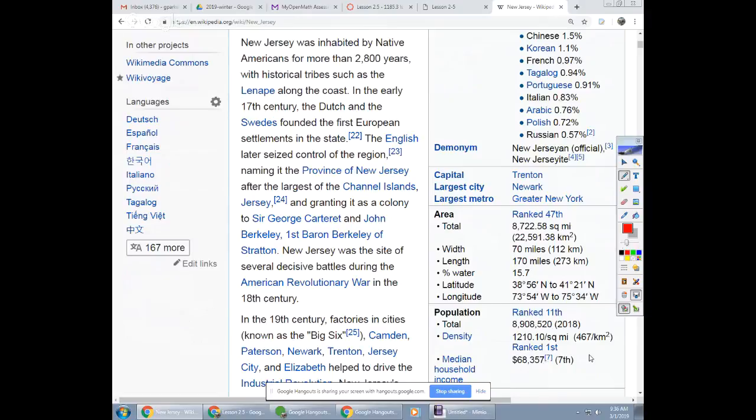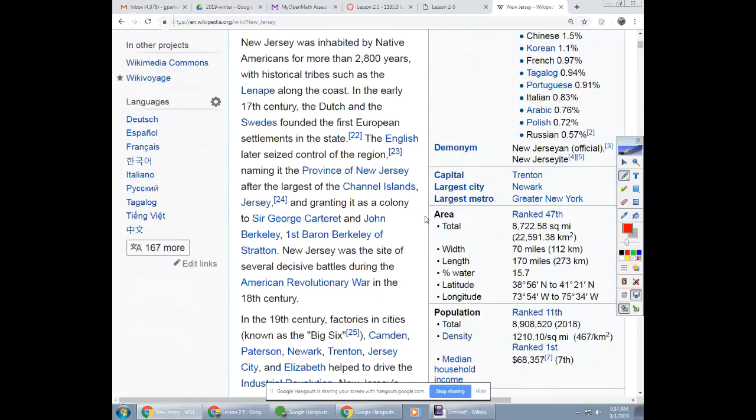It's its own entity. And then guess what's next? It shifts year to year, but the top three are typically New Jersey, Washington, D.C., and Rhode Island, and they jostle each other for the top three. Usually D.C. beats them all because D.C. is pretty much a city.